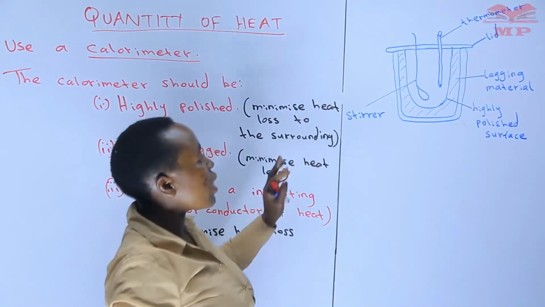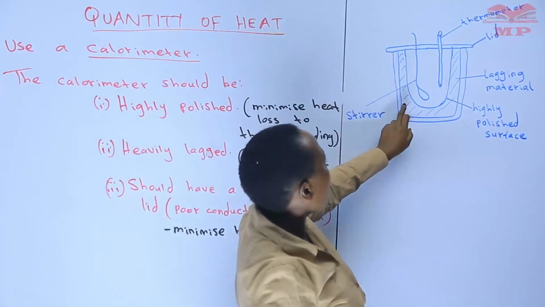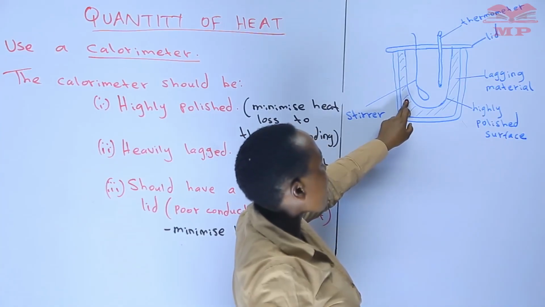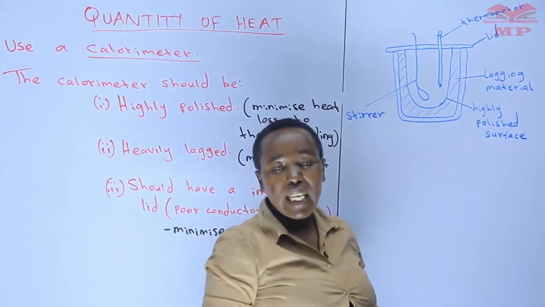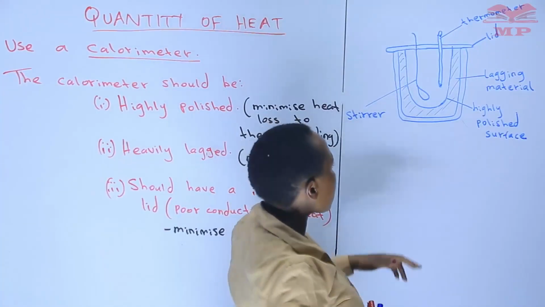So I want you to note that that's the calorimeter. It is used to minimize heat loss to the surrounding when we are conducting the experiment on determination of the specific heat capacity.